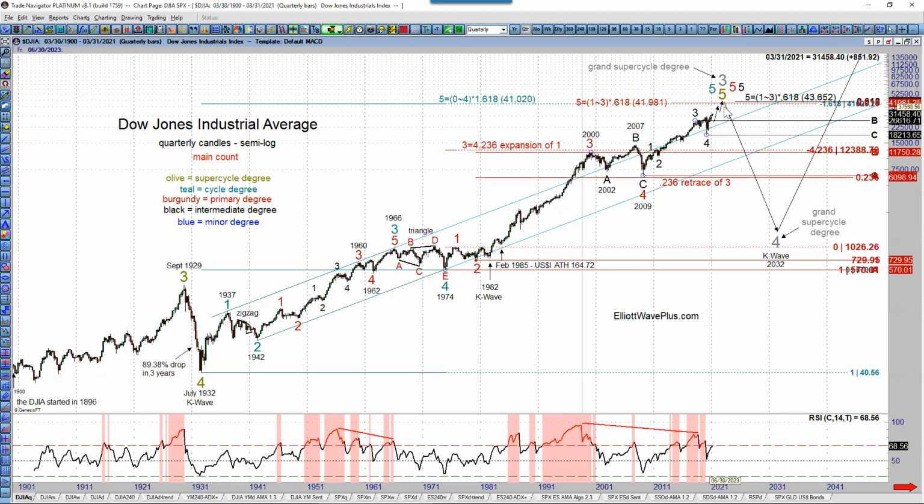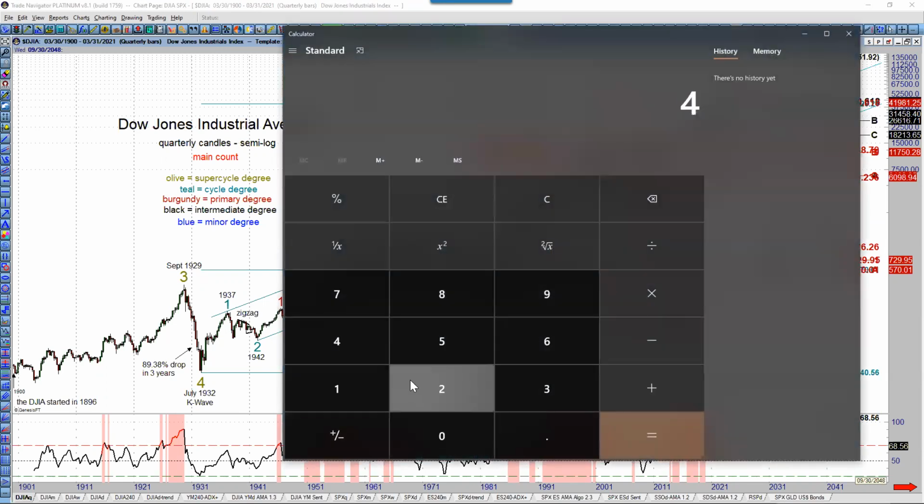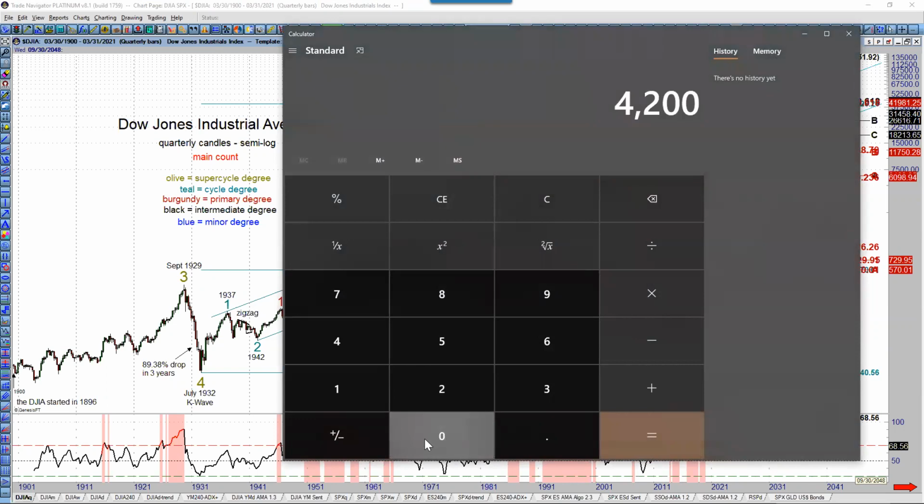And therefore, if the Dow Jones Industrial Average, bring up my trusty calculator, let's say it hits 42,000 and has a P/E ratio of 60. Well, in 1982, the P/E ratio was 8. So let's say that we just drop from 60 to 10 on the P/E ratio.